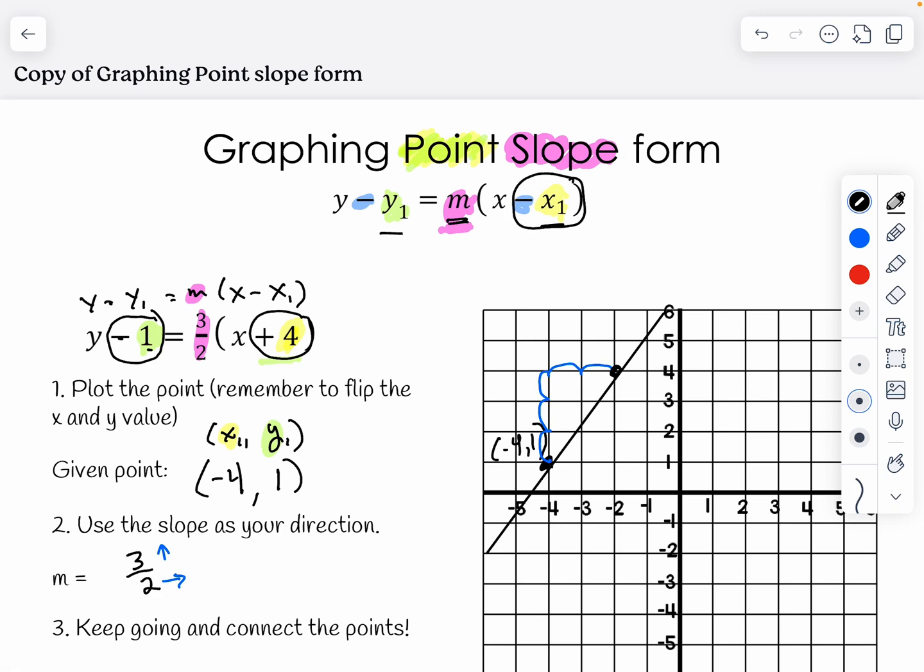Pull out your x and your y. Remember, because there's minuses in the equation, the x and the y are actually opposite of the way they look in the equation. And then you're going to pull out your slope, m. You'll graph the point you were given, and then you will use slope, rise over run, to graph a second and third point until you generate a straight line.